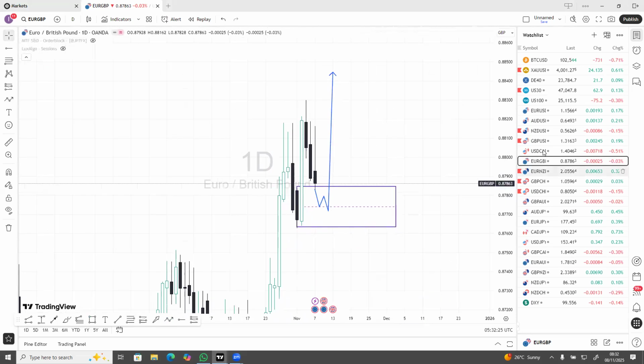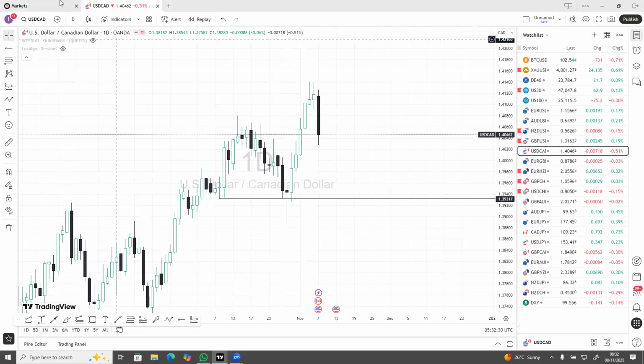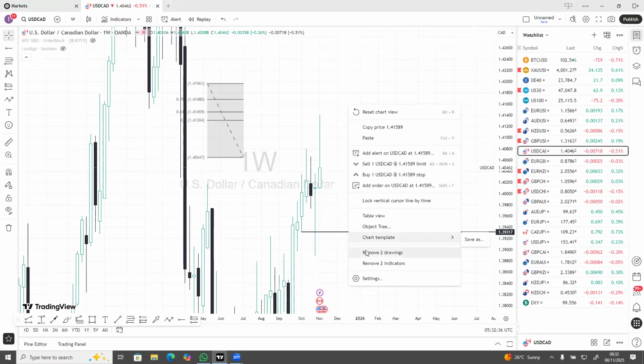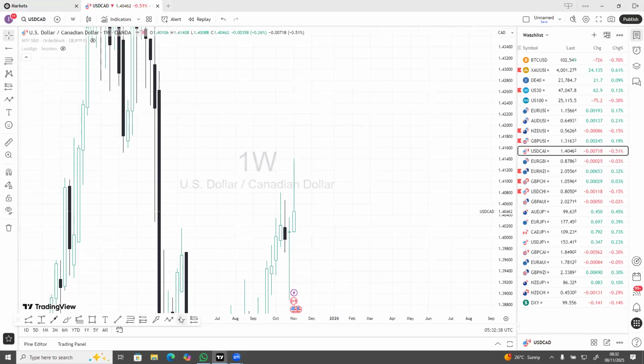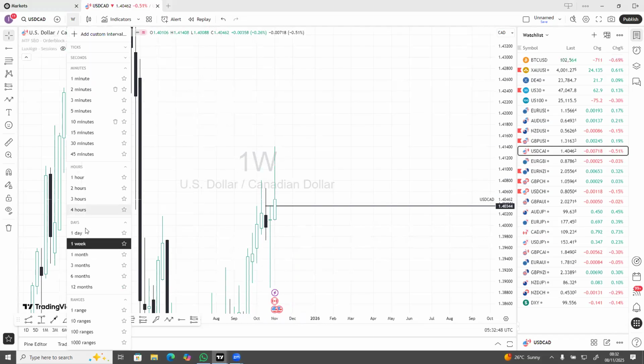That is EUR/GBP. USD/CAD on weekly, it closed above, so continuation of the uptrend on daily.